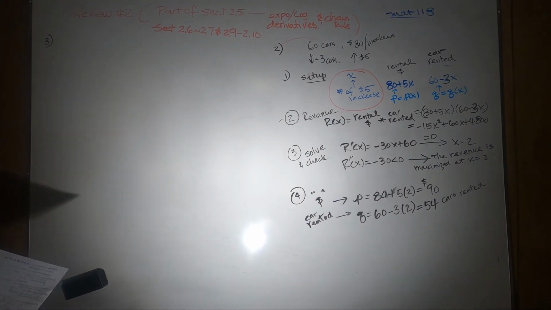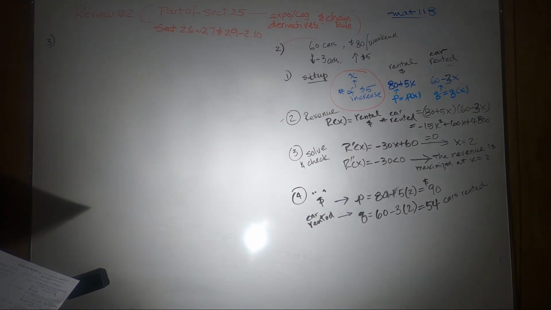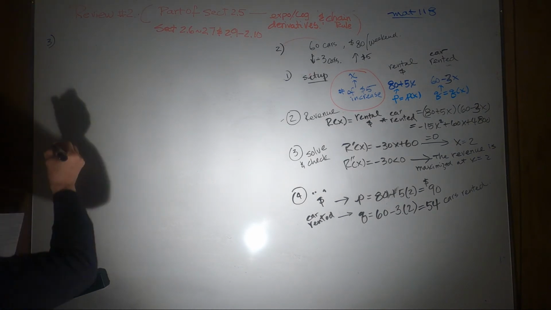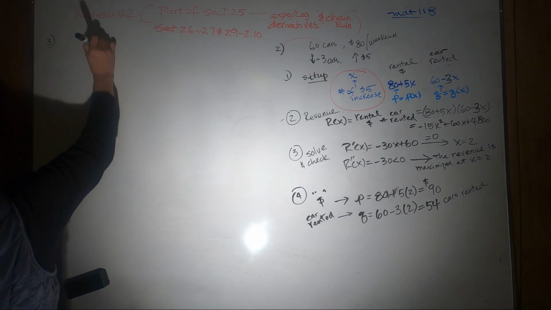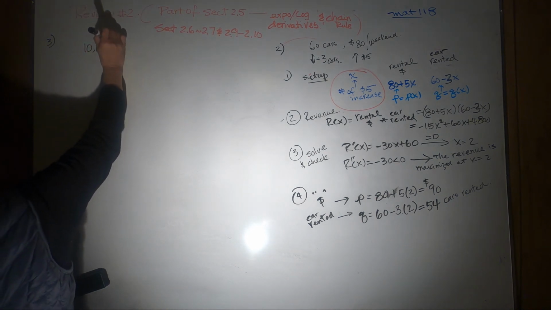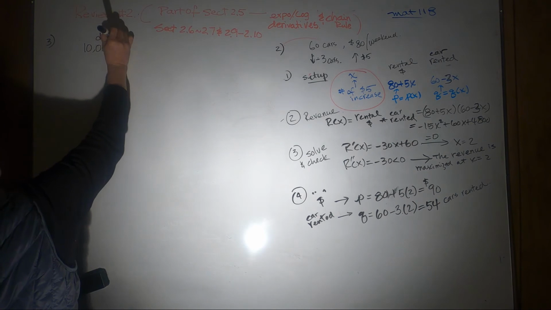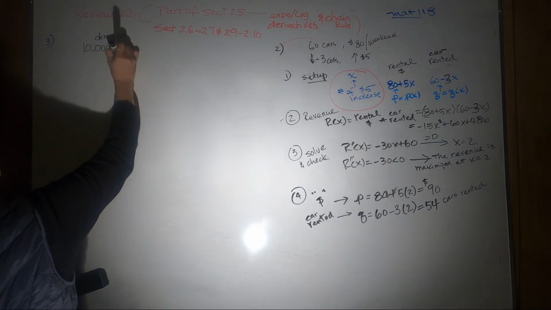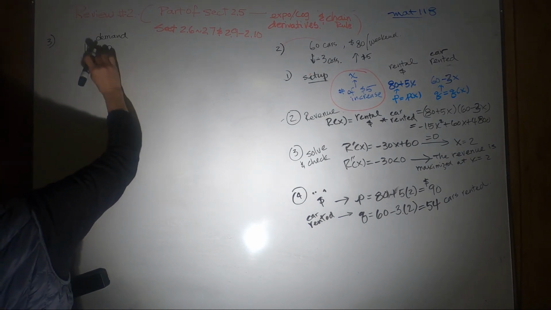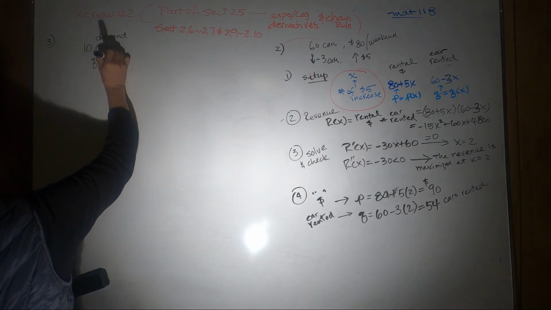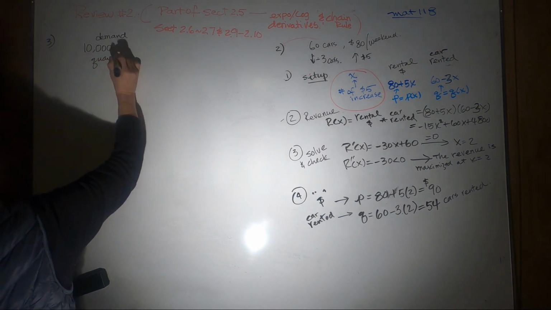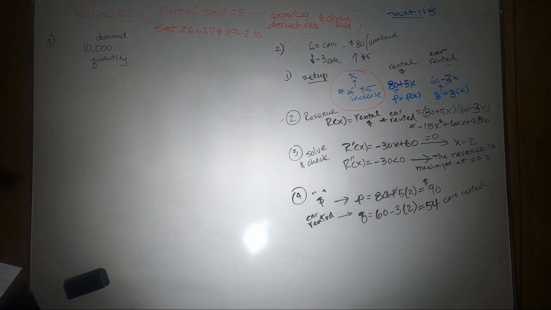It says a toy manufacturer estimates the demand for a doll to be so many per year. This is your demand quantity, right? 10,000 of them per year.